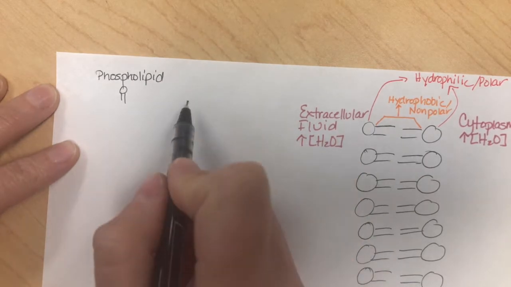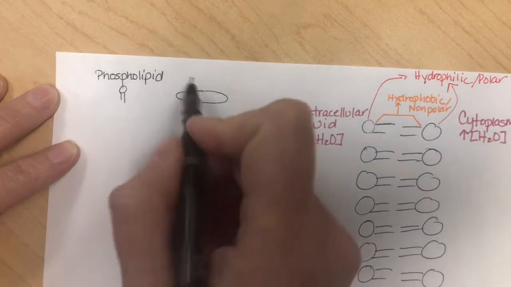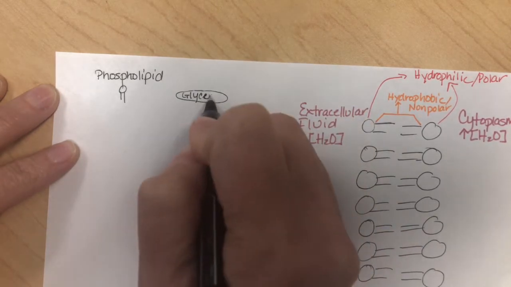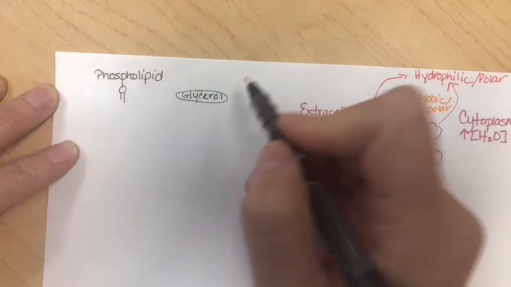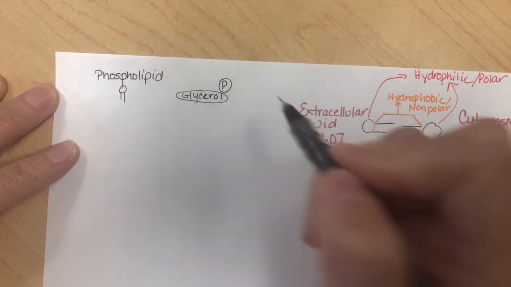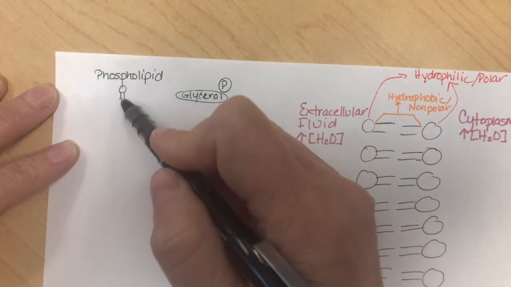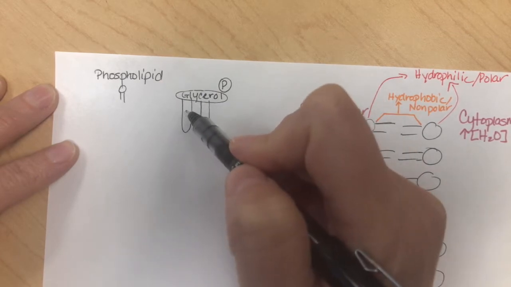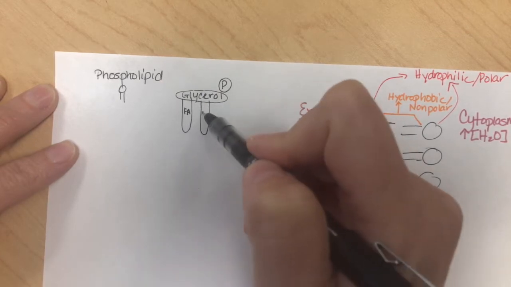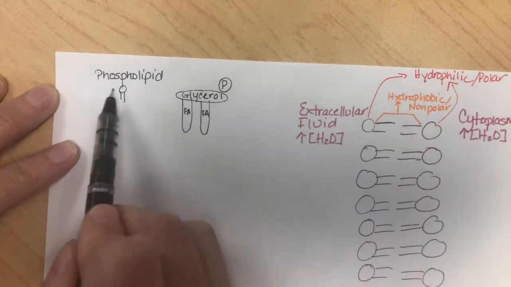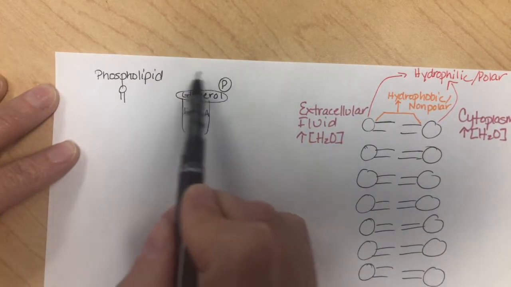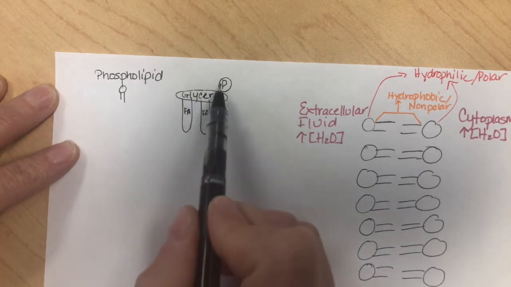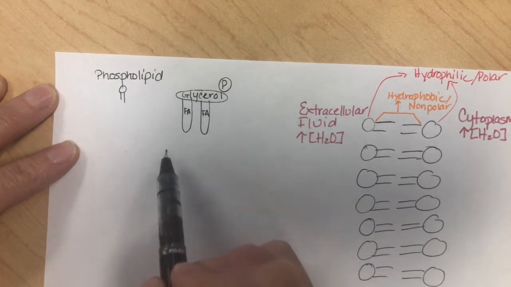The head region is a glycerol molecule, which is a 3-carbon molecule, and then it has a phosphate group, and it has the tails here, which are the two fatty acids. So I'm going to put here FA, FA. When we draw something like this, this is hydrophilic, this is hydrophobic. This is the head region, this is the tail region, right?